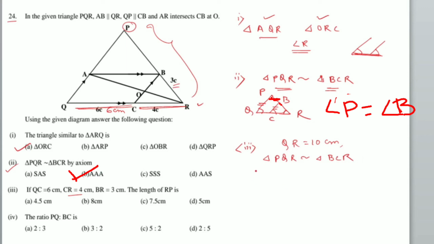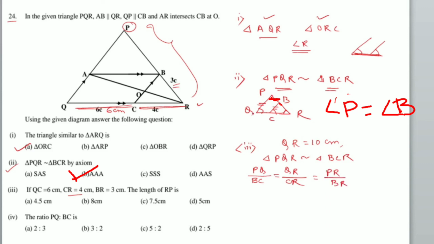So we can write PQ by BC is equal to QR by CR, and last one is PR divided by BR.